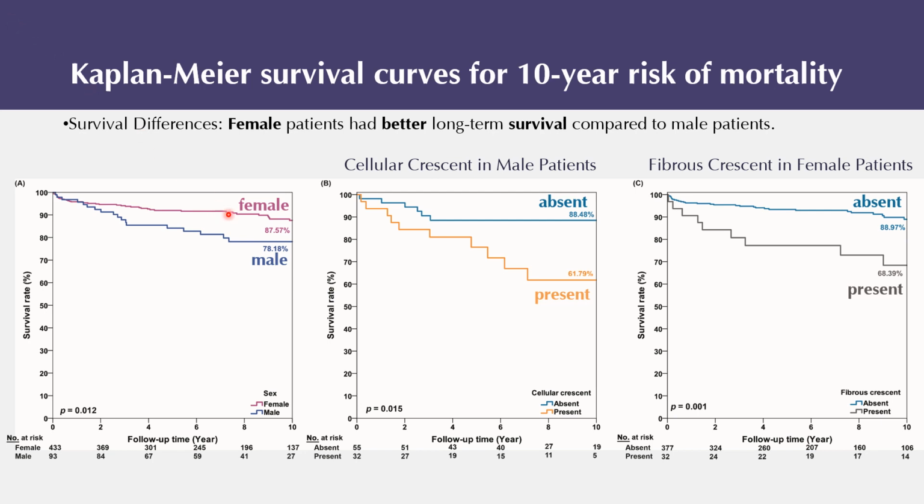Kaplan-Meier survival curves revealed that female patients generally had a more favorable long-term survival compared to their male counterparts. In detail, the existence of cellular crescents in male patients was linked to the worst outcomes, while in the female subgroup, the presence of fibrous crescent indicated a higher risk of mortality.